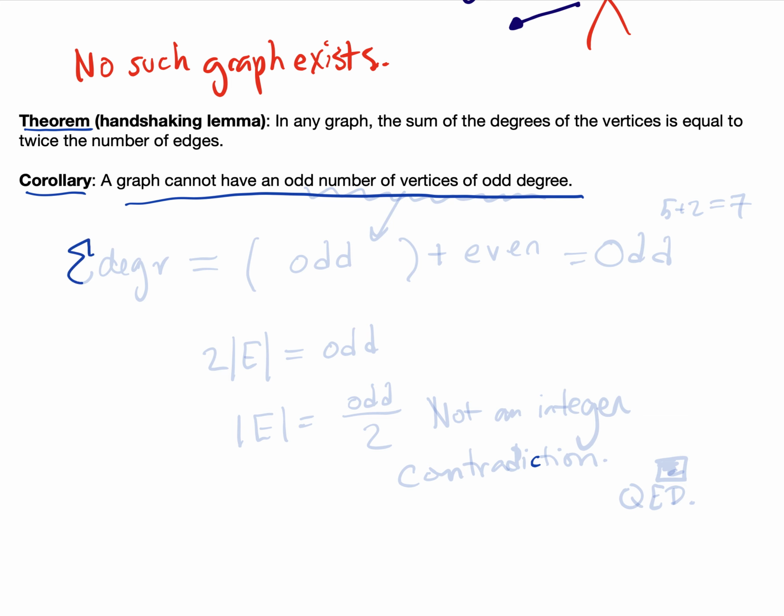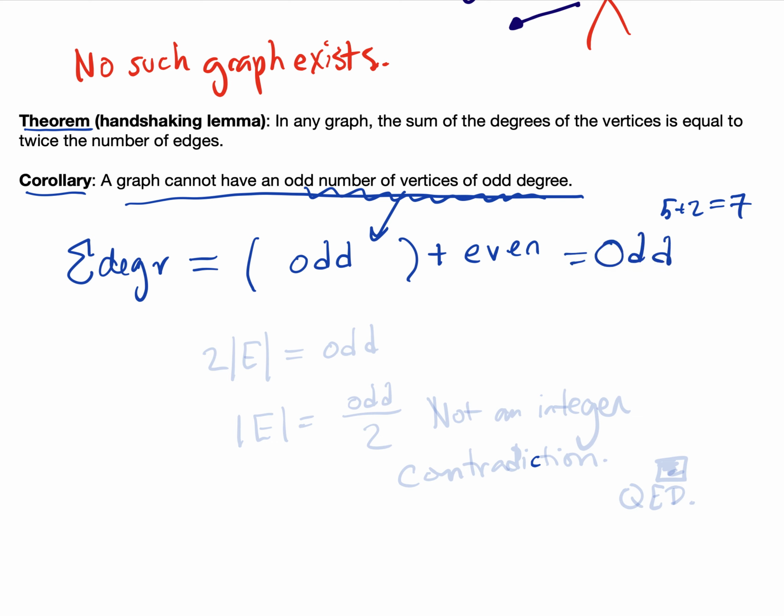That's because if we add up the degrees of the vertices, and there's an odd number of vertices of odd degree, that odd number of vertices of odd degree, if we add those up, we will get an odd value, plus all the other vertex degrees would be even, and if we add up a bunch of even values, we will just get an even value. Anytime we add an odd number plus an even number, like for example, the number 5 plus the number 2, we get an odd number.